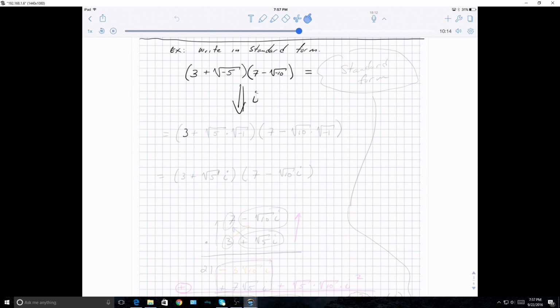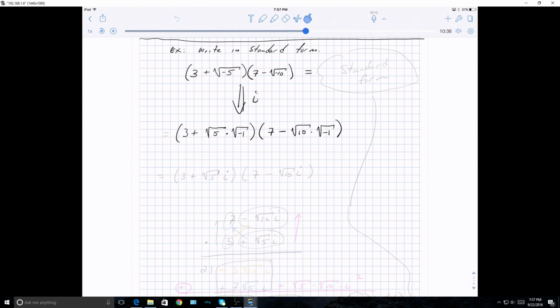So we'll just rewrite it here for a second and say this is 3 plus the square root of 5 times the square root of -1, all times 7 minus the square root of 10 times the square root of -1.